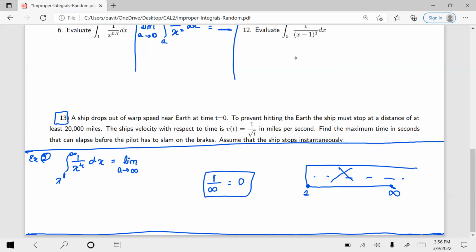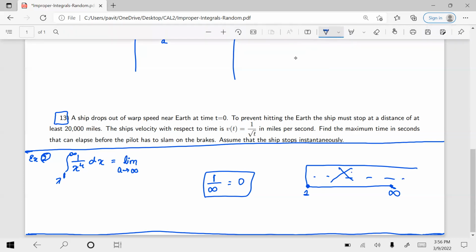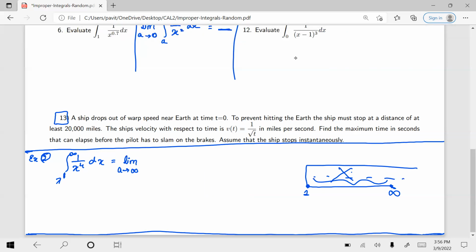Because when I'm planning to find an area between 1 to infinity, how can the area be 0? I must have some number between these two, right? So I have to convert this infinity to some number that makes it bounded. Okay, and that's the reason I'm taking a tends to infinity.